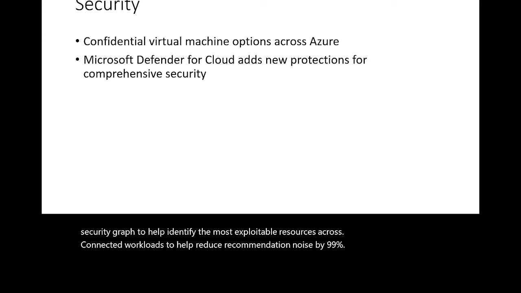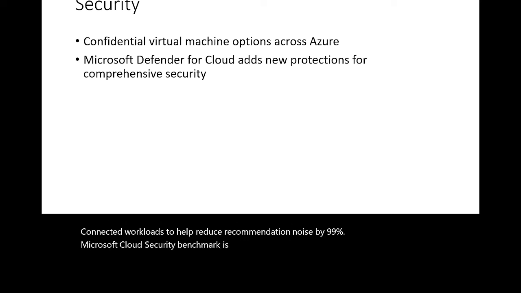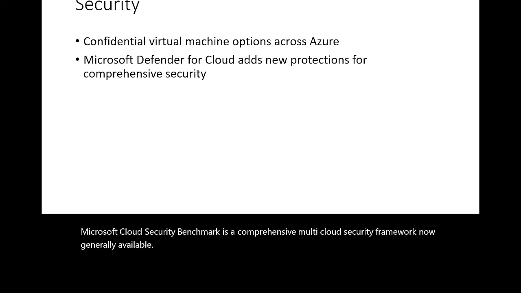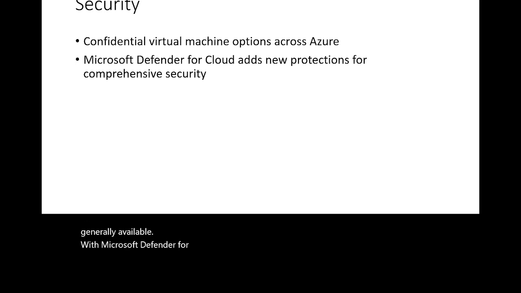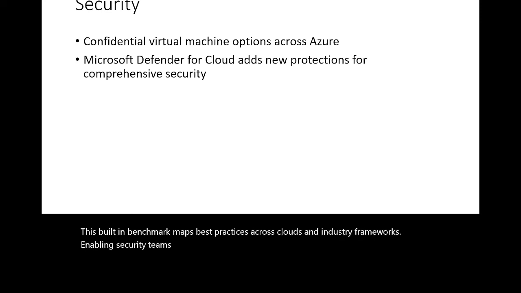Microsoft Cloud Security Benchmark is a comprehensive multi-cloud security framework now generally available with Microsoft Defender for Cloud as part of the free cloud security posture management experience. This built-in benchmark maps best practices across clouds and industry frameworks, enabling security teams to drive multi-cloud security compliance.